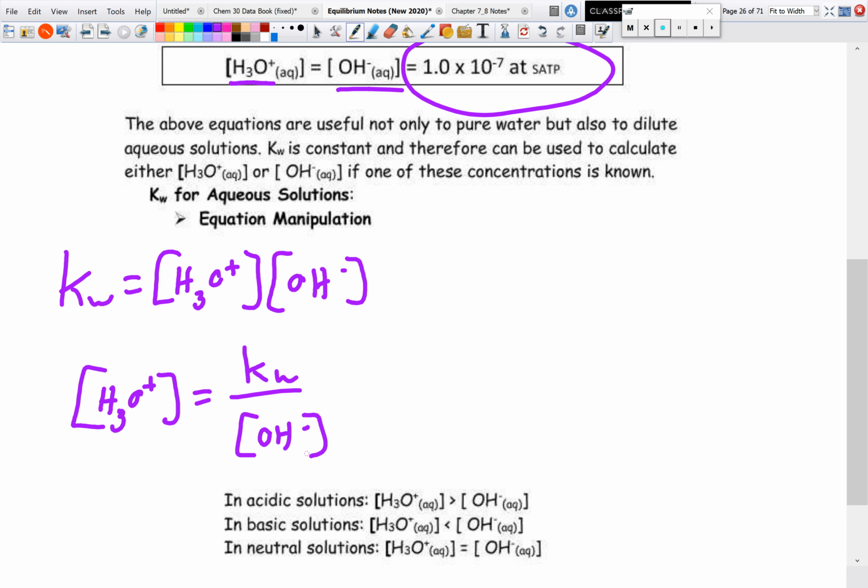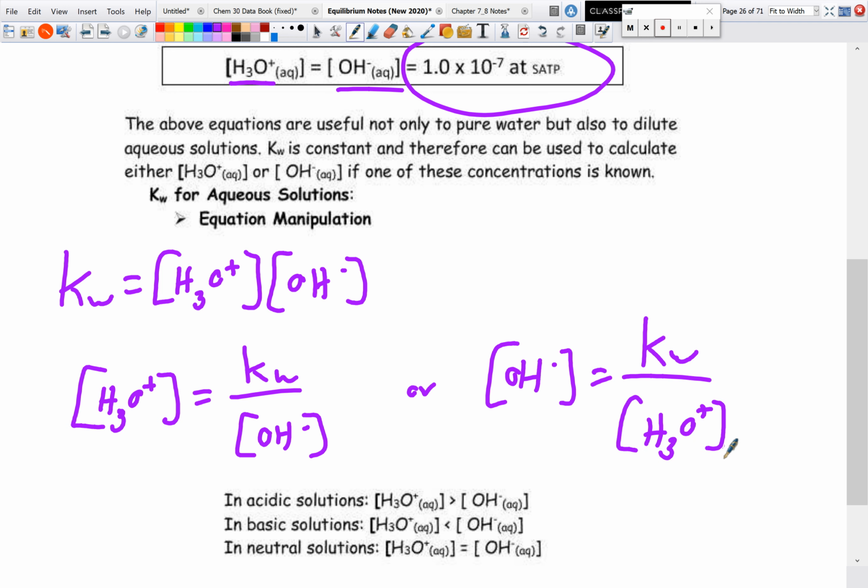So in this scenario, if we're given a concentration of hydroxide, we can solve for hydronium, or we can solve for hydroxide if we're given hydronium.